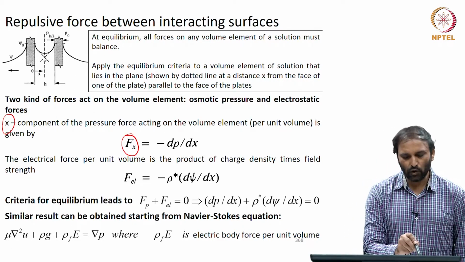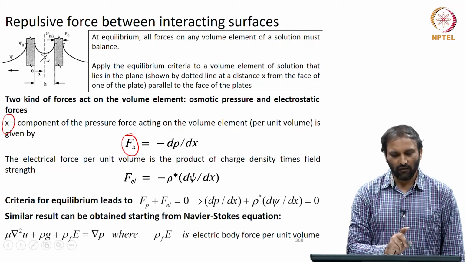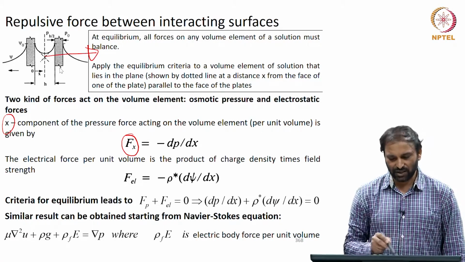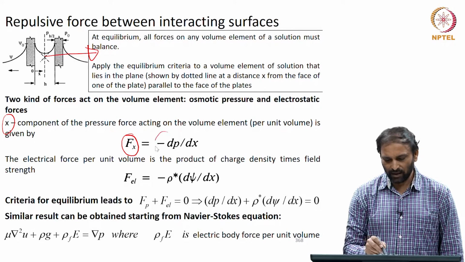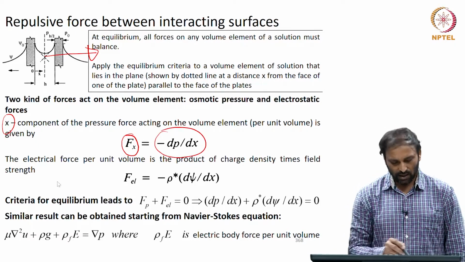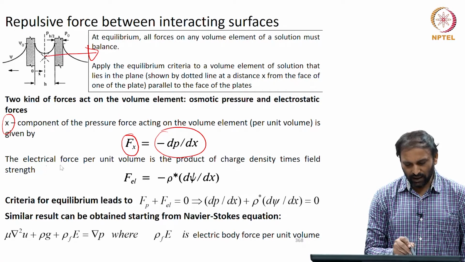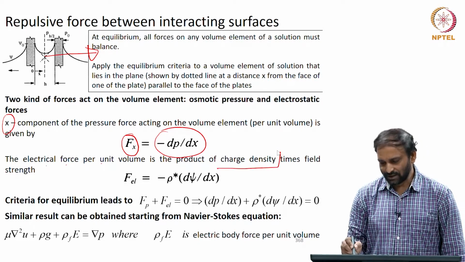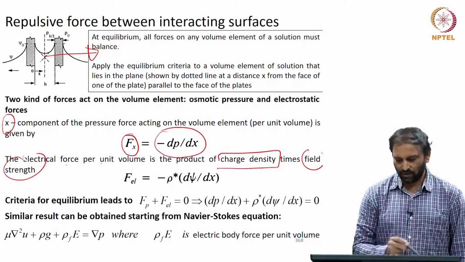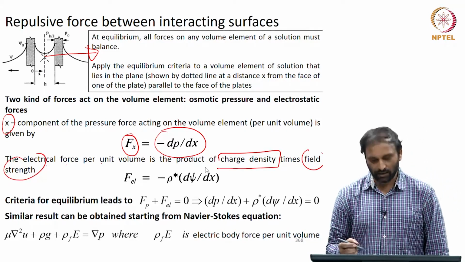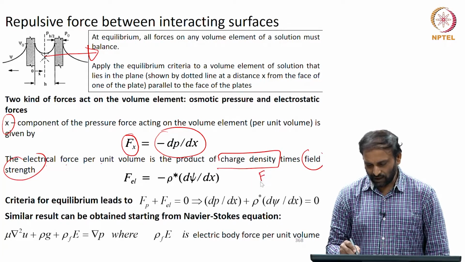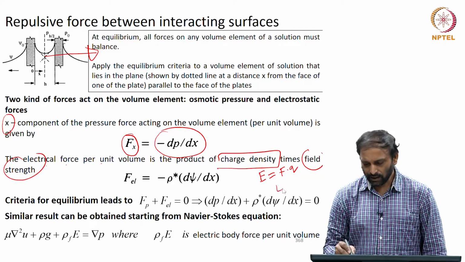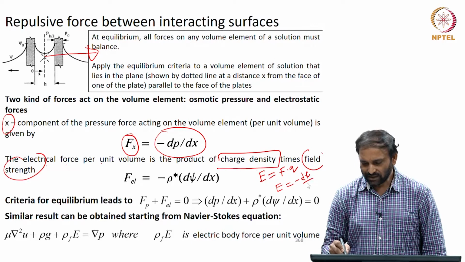That is because we are only considering a one dimensional case of how the force varies with distance in the x direction, and Fx is given by minus dP by dx. The electrical force per unit volume is given by the product of charge density times the field strength. That again comes from the electrostatic concept that the electric field E is force per charge Q, and E again is minus d psi by dx.